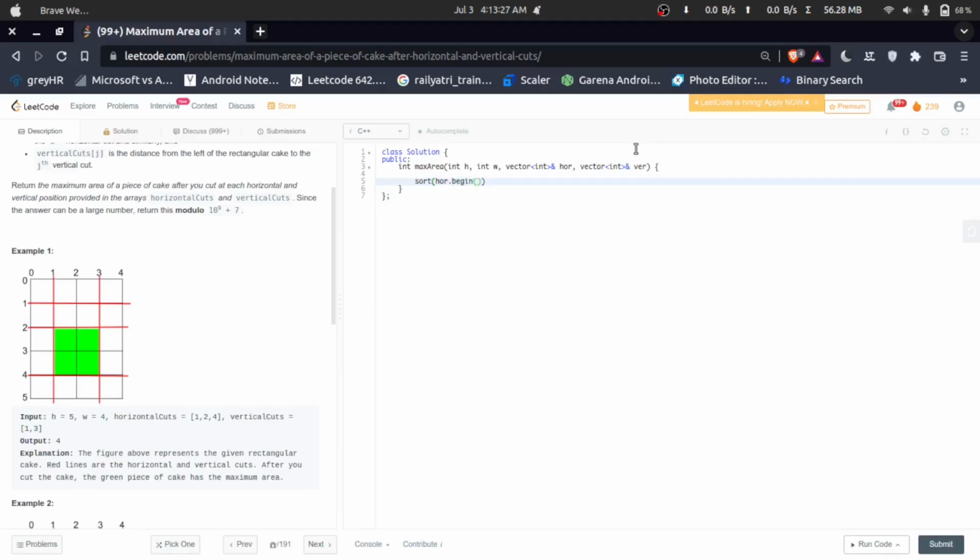Horizontal dot begin and horizontal dot end, and the vertical dot begin and vertical dot end.